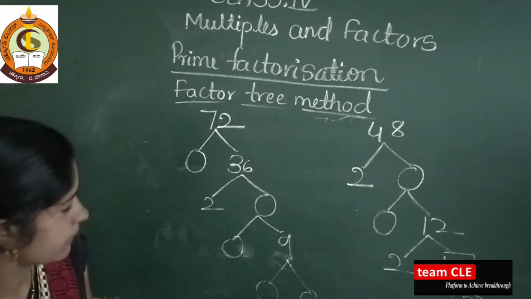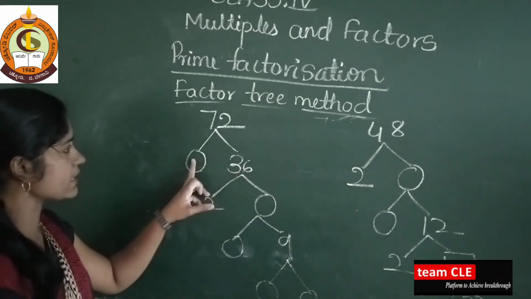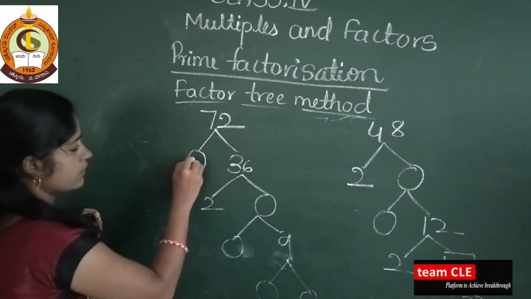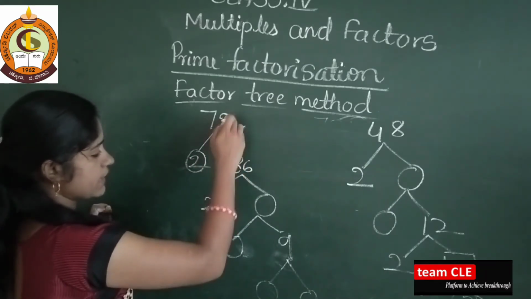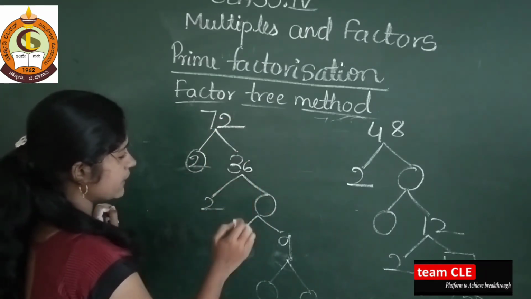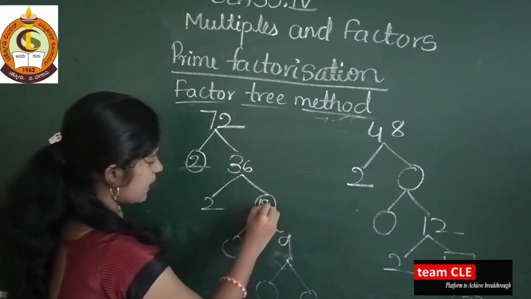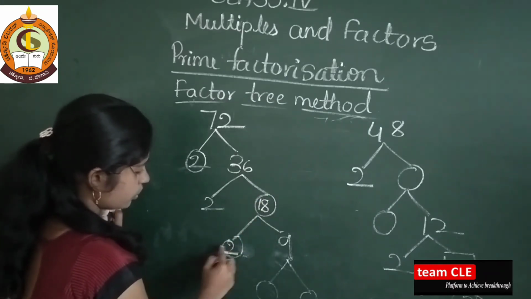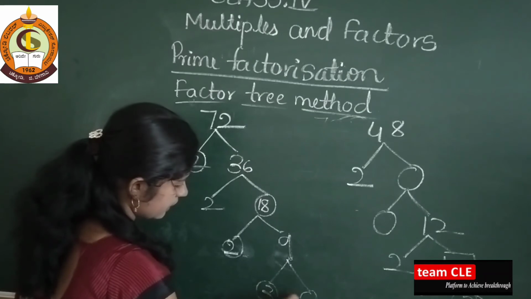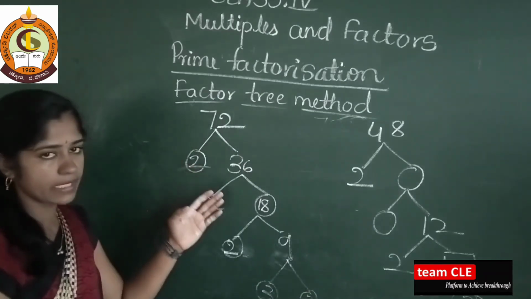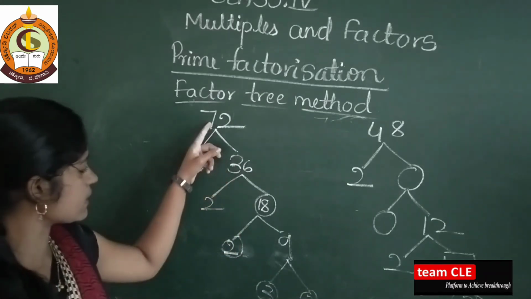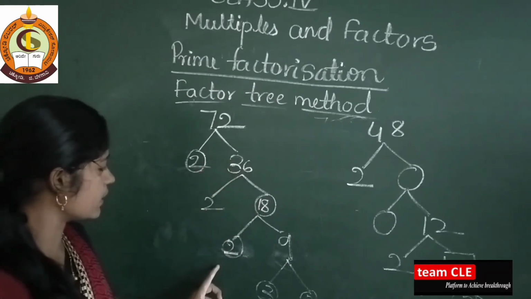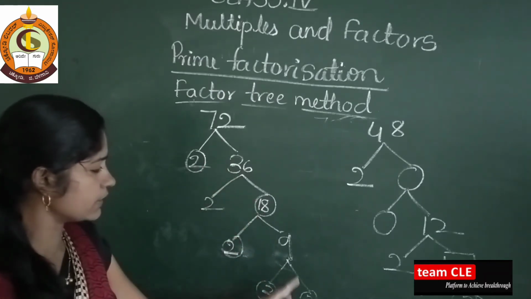Okay, so here you have some fill in the blanks. So 36 is there. 2 36s are 72. 2 how much is 36? Yes, 2 18s are 36. 2 9s are 18. 3 3s are 9. Okay, they have given fill in the blanks. 2 36s are 72. 2 18s are 36. 2 9s are 18. 3 3s are 9.